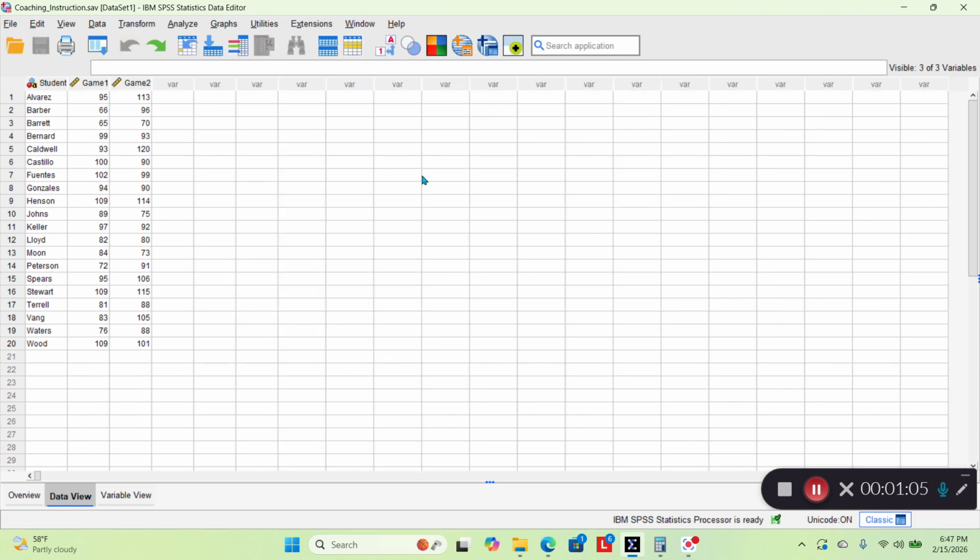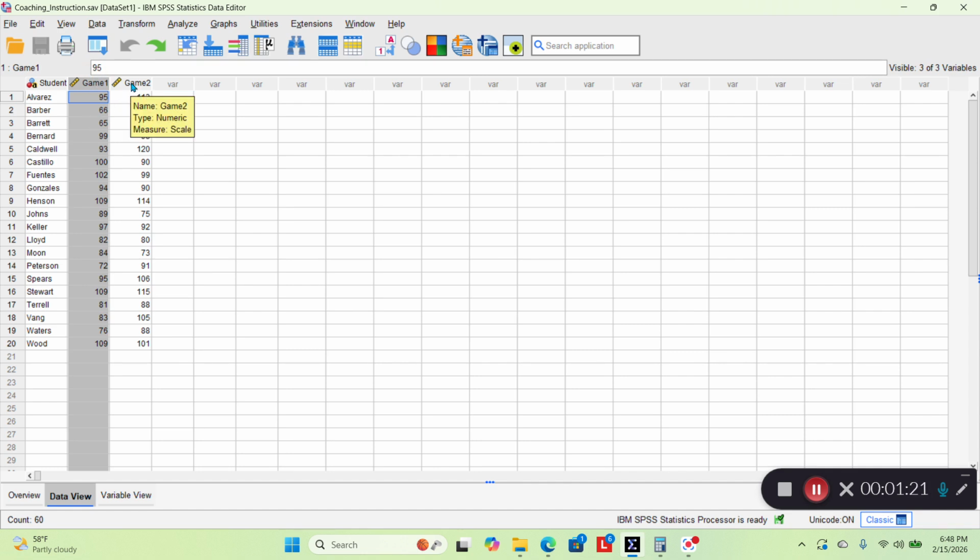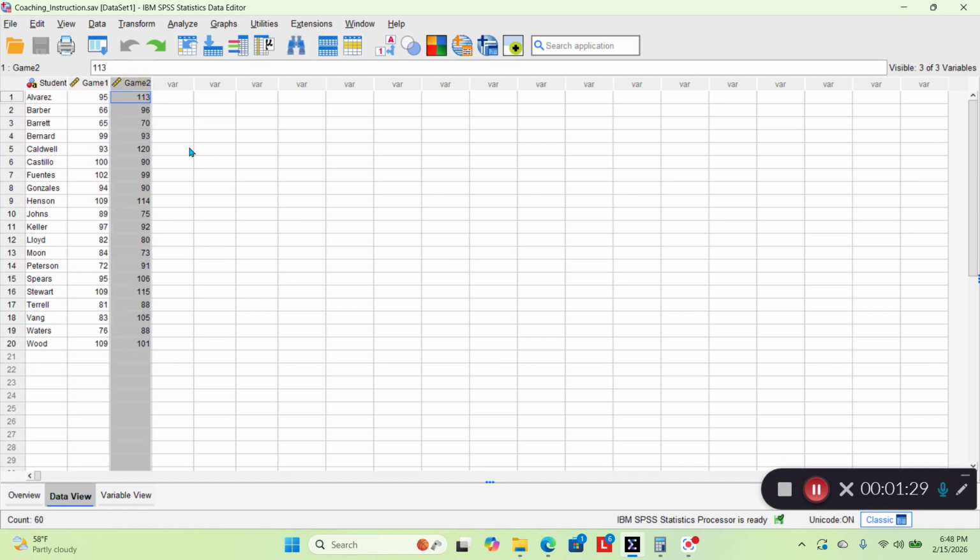Okay, so our research question: is there a significant difference between bowling scores in game one, which is pre-instruction, before the coach assists them with any coaching tips, versus their post-instruction scores? So is there a significant difference between game one scores and game two scores?